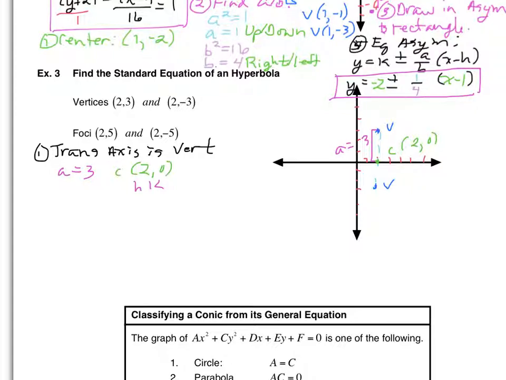Our foci are going to be plotted at, let's use that. So our foci is going to be at 2, 5, and then at 2, -5.